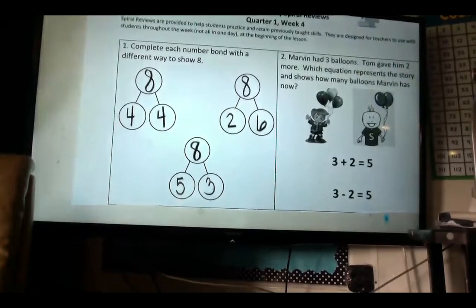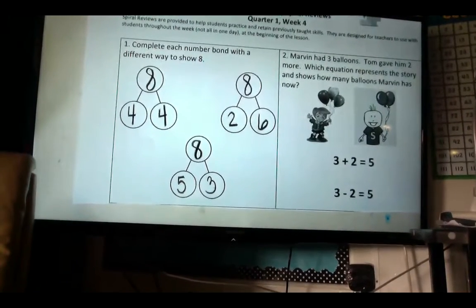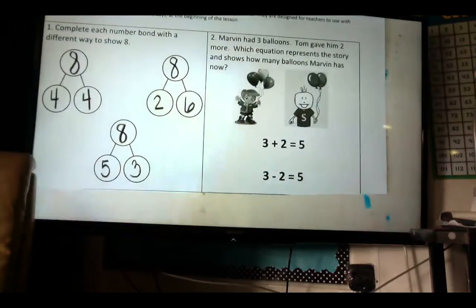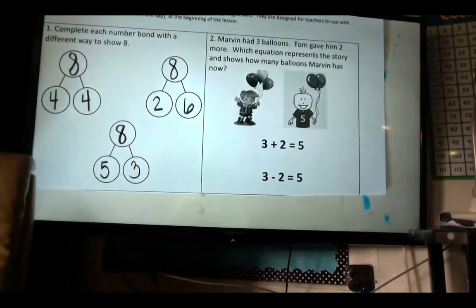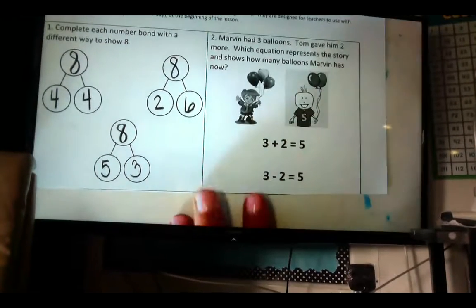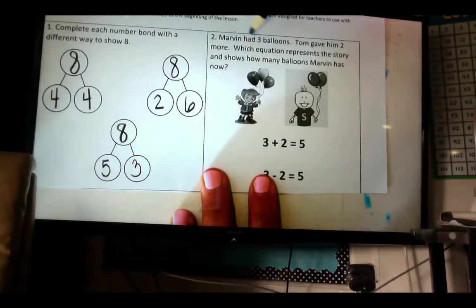Let's look at number 2 on this page. It's a word problem, and I'm going to read the word problem to you. Marvin had 3 balloons. Tom gave him 2 more.